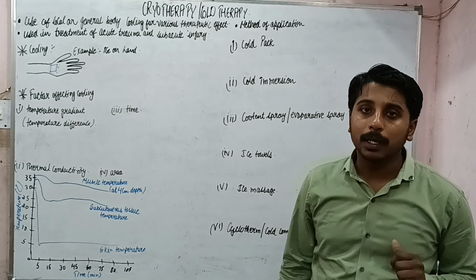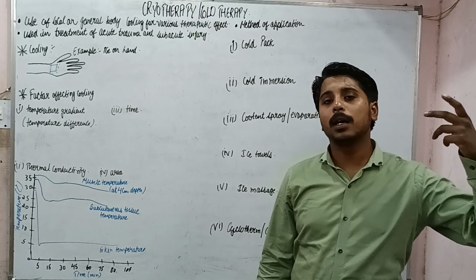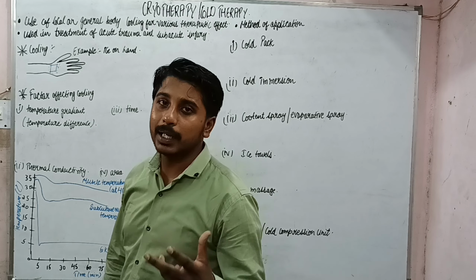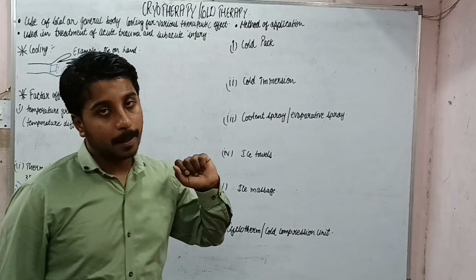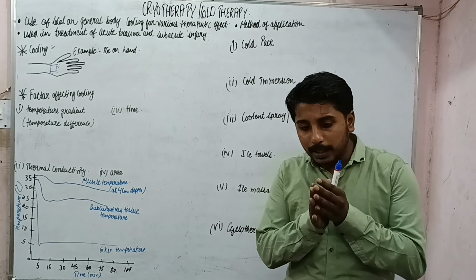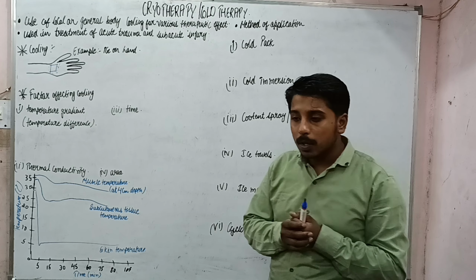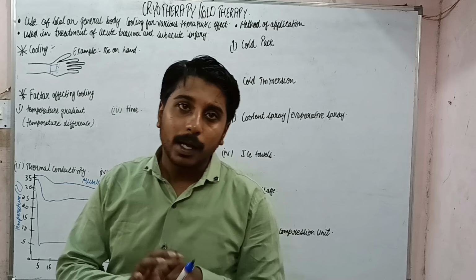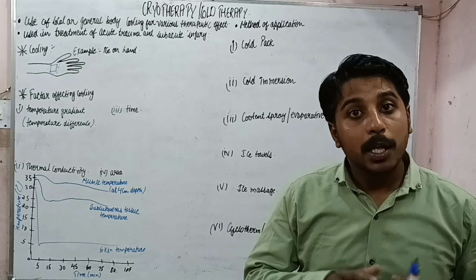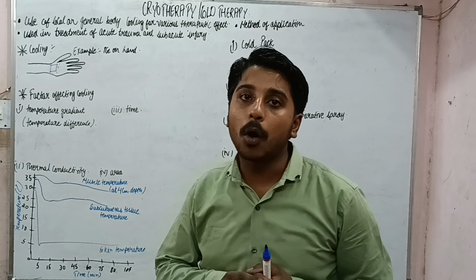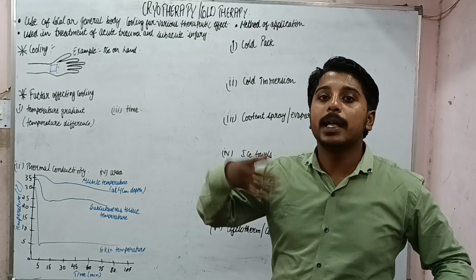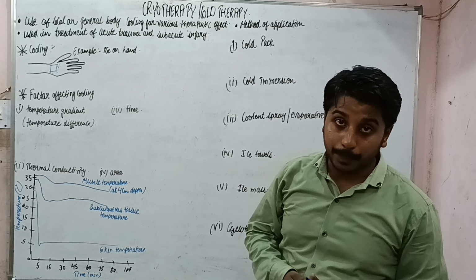While general cooling is used in cardiac surgeries and neurosurgeries, and you might be wondering why. These are long procedures, so the doctors try to reduce the oxygen demand of the body. According to Van't Hoff's law, the metabolic rate is directly proportional to temperature.